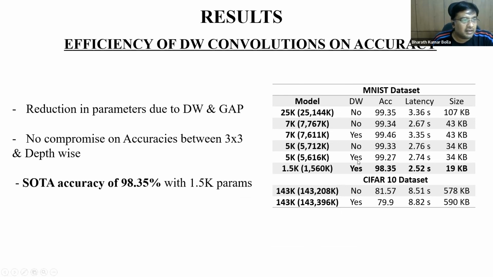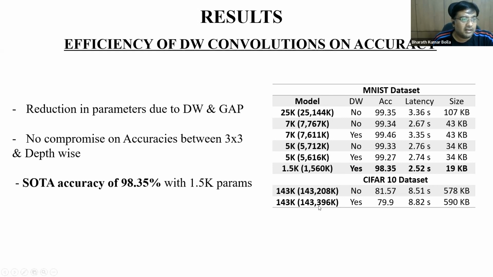You can see that you can achieve 98.35 accuracy with just 1500 parameters, and you can reach 99 with just 5K parameters. You don't need a million-parameter model on a small dataset like MNIST.